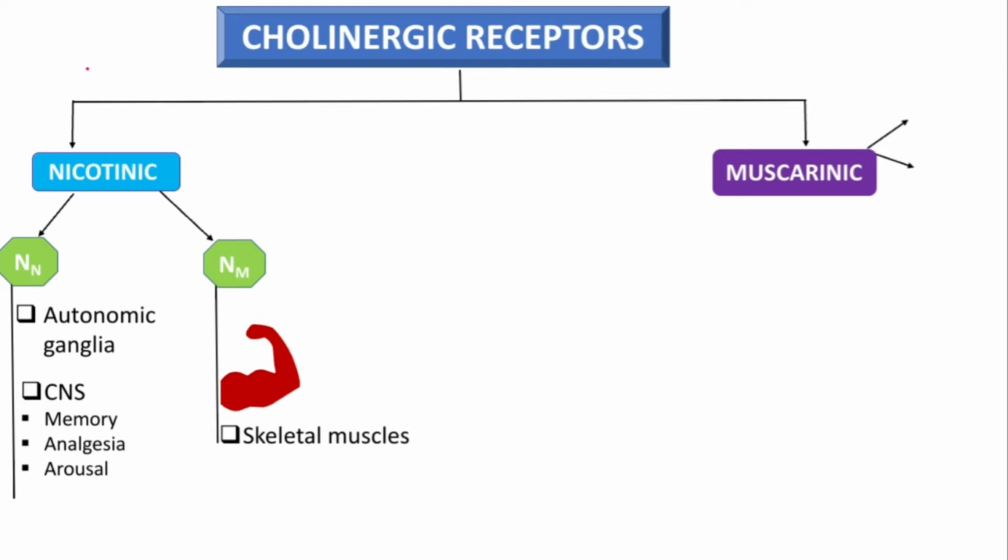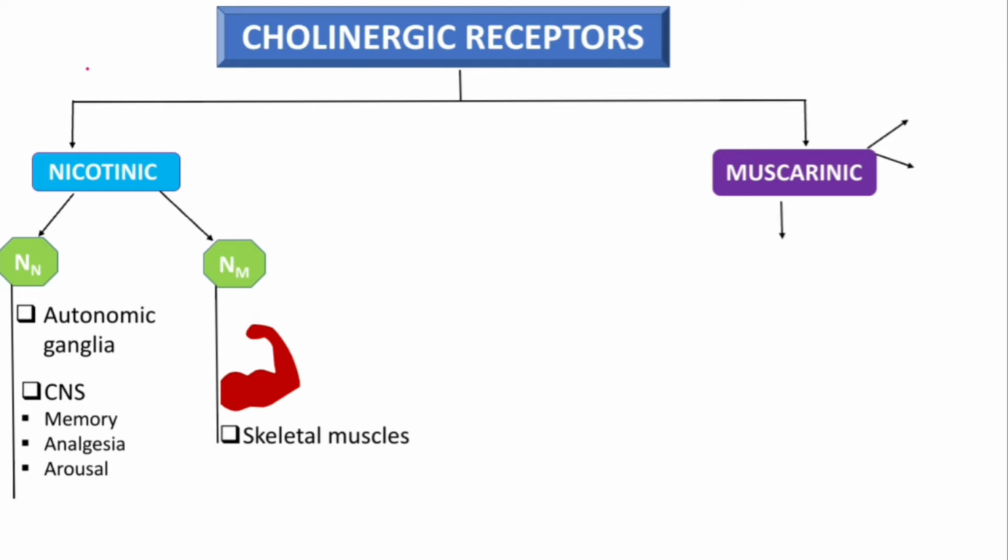I'm not going to talk much about nicotinic receptors because I'm going to show you receptor pathways, the mechanism of how those receptors work. So I will talk mainly about the muscarinic receptors.